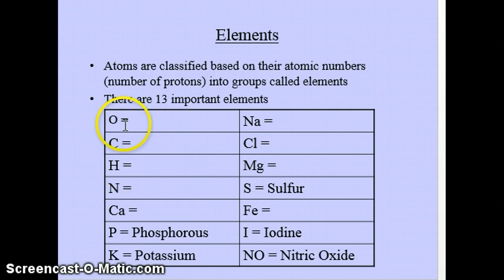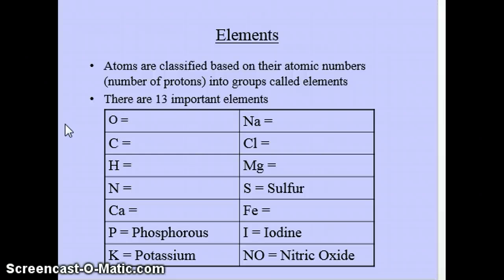So when we look at O, it is an element. Elements are atoms. So atoms are classified based on their atomic numbers, the number of protons. Remember, atomic number and number of protons are exactly the same. And anything with the same number of protons, or again, another way of saying that, anything with the same atomic number is going to be part of the same element.